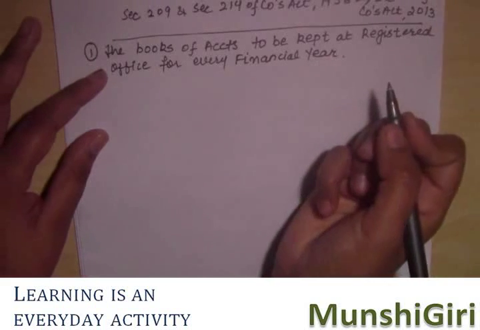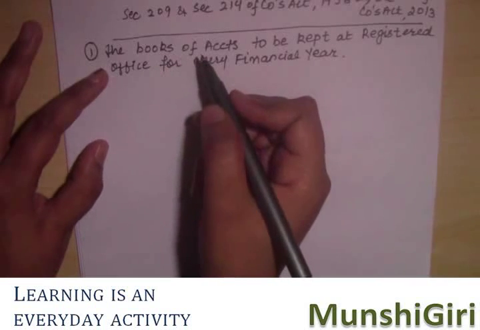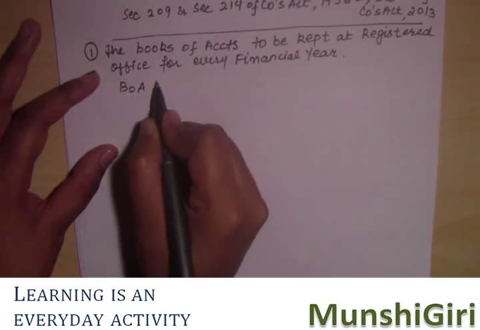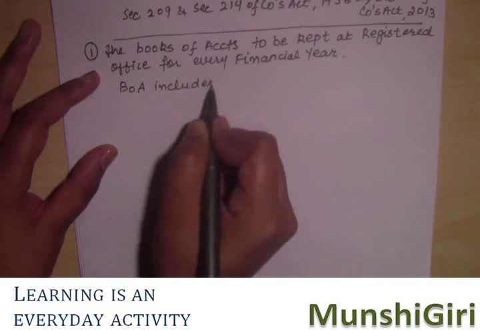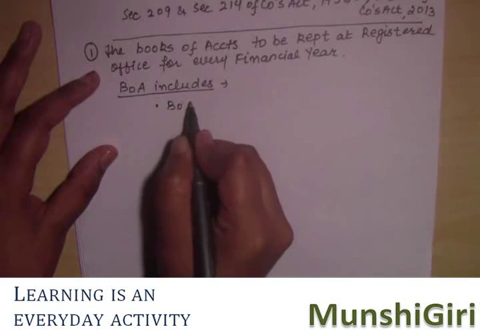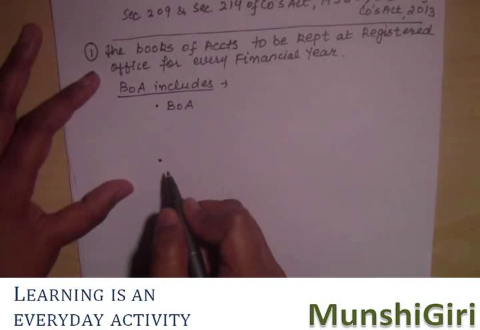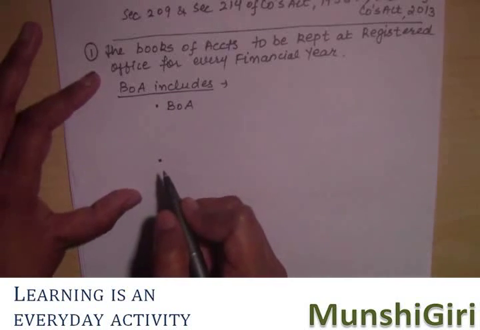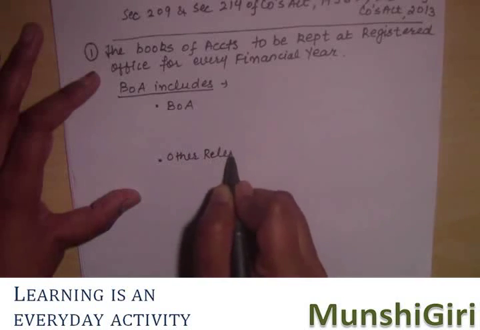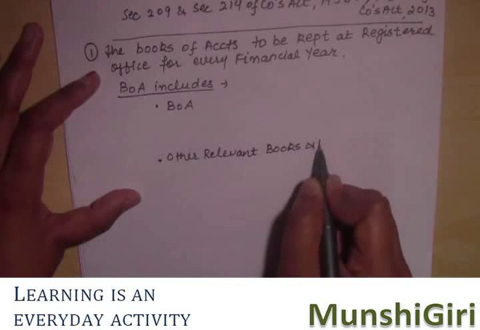Now the point to be noted over here is what we actually mean by the books of accounts. It says books of accounts includes three things. The first one being the books of accounts itself. Second is other relevant books and papers.